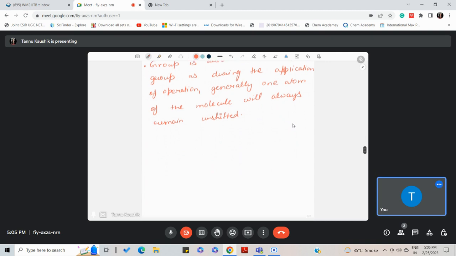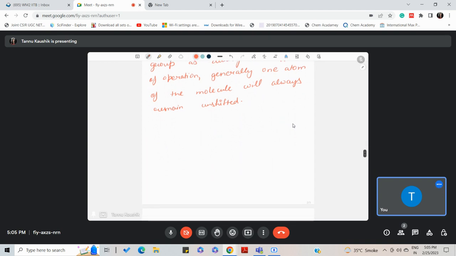So we have to take care that all the symmetry operations will be carried around that static point.